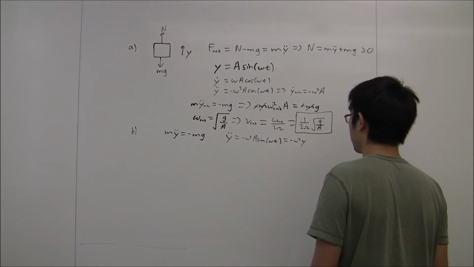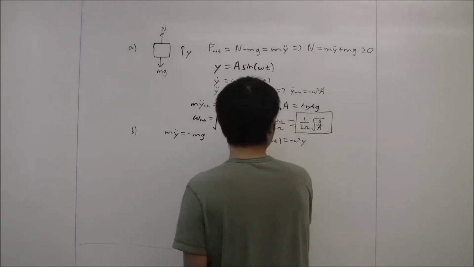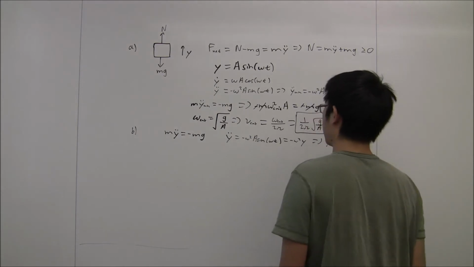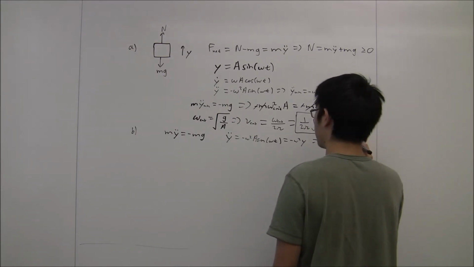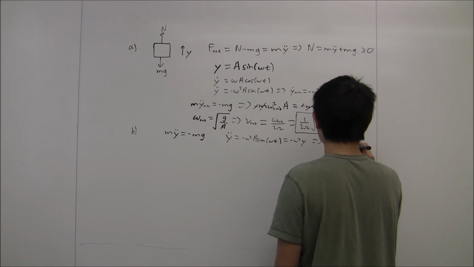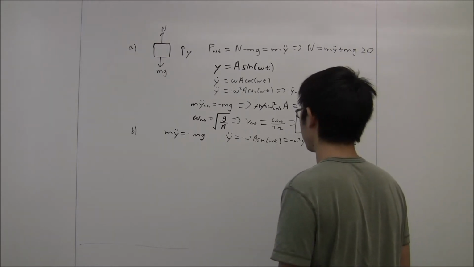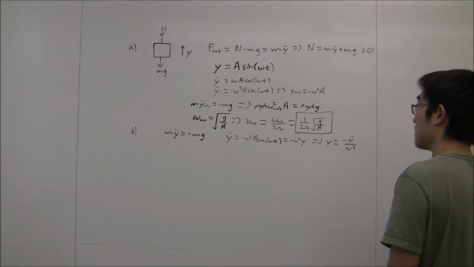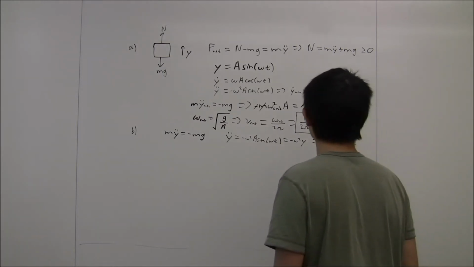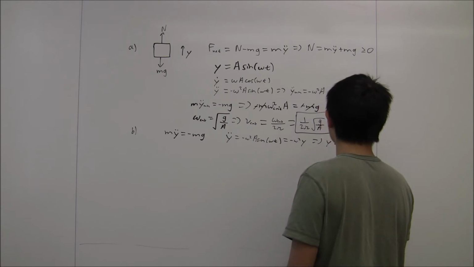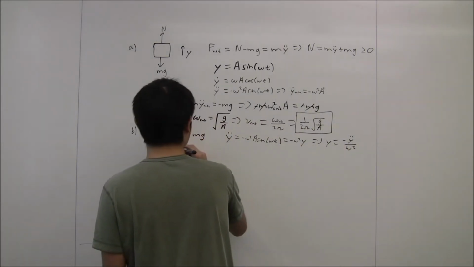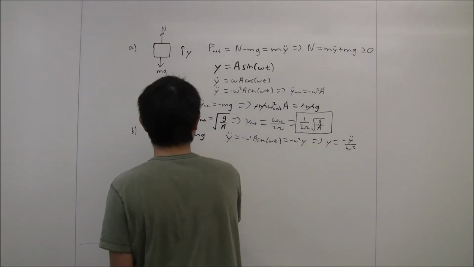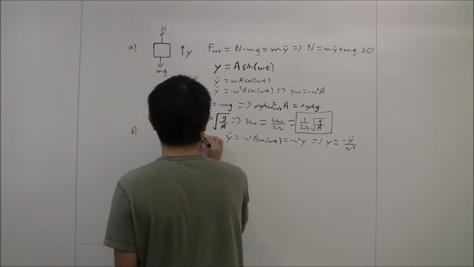Which means that y is just given by negative y double dot over omega squared. We know from this equation that we can cancel out the m's.